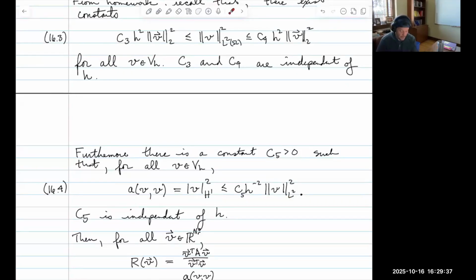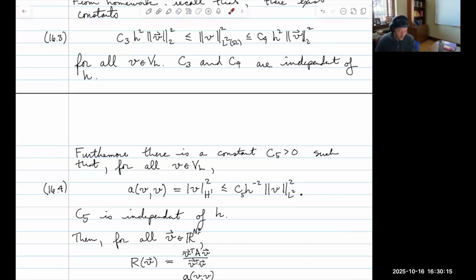There exists a C5, again independent of h, such that for any v in V_h, you have to be in the finite dimensional space V_h for this to work, we can show that a(v,v), which is another way of saying v's H1 seminorm, is less than a constant times h to the minus 2 power times the L2 norm of v. So this also can be done using a scaling argument and the reference triangle.